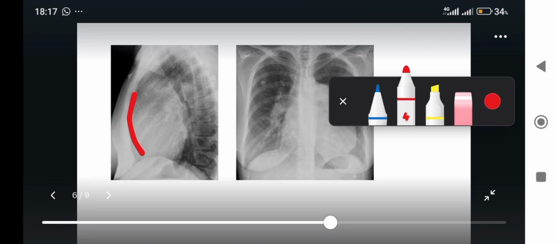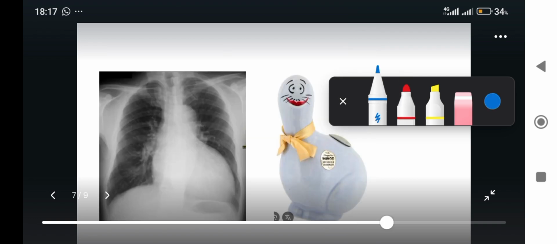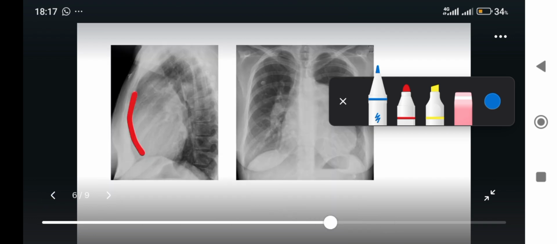There is a rule. You measure from the manubriosternal junction, around here. This is the manubriosternal junction. You measure from here to the diaphragm.